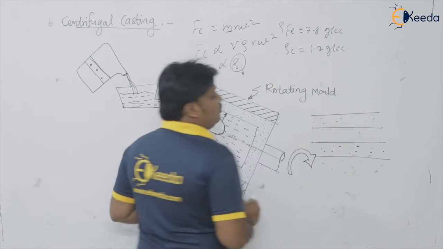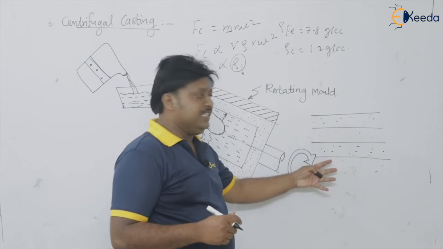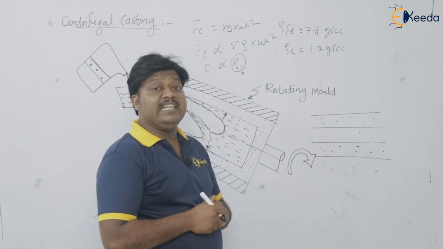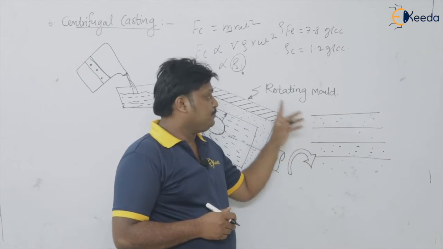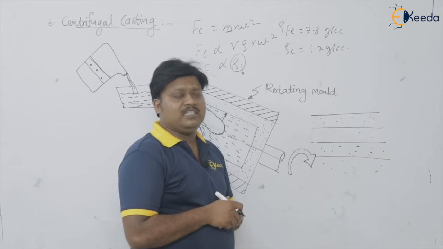This non-homogeneity is known as the segregation effect, which steel undergoes in the centrifugal casting technique.